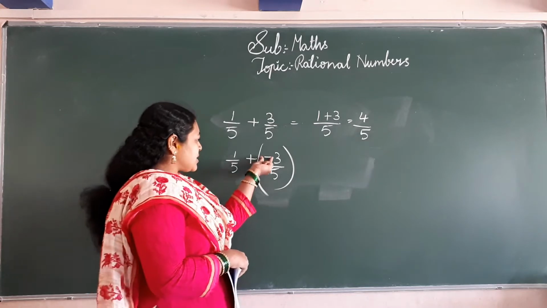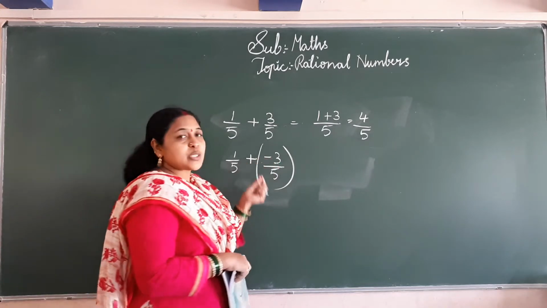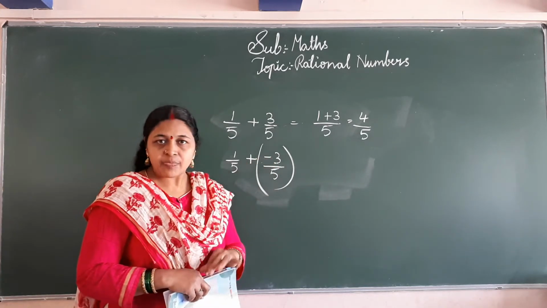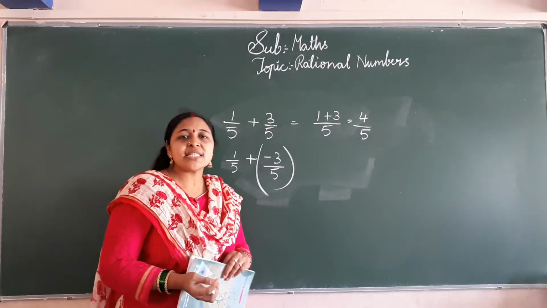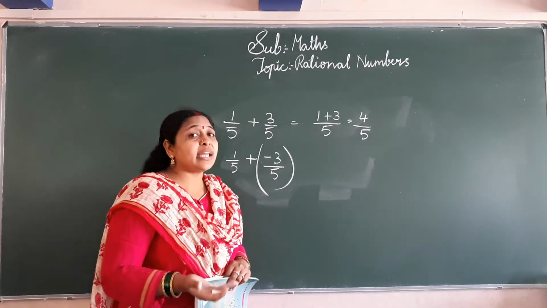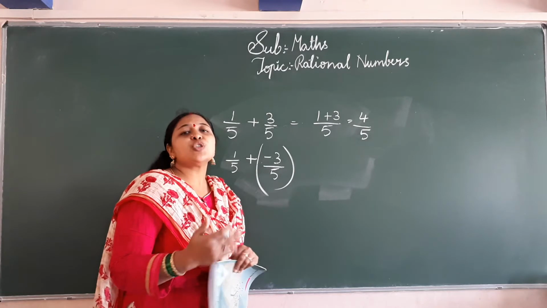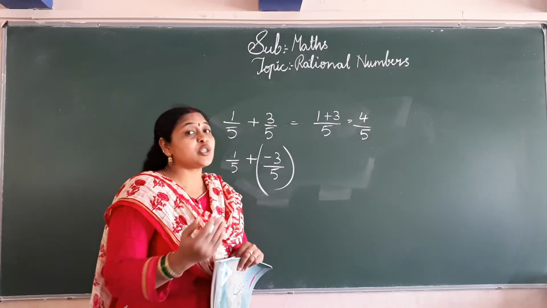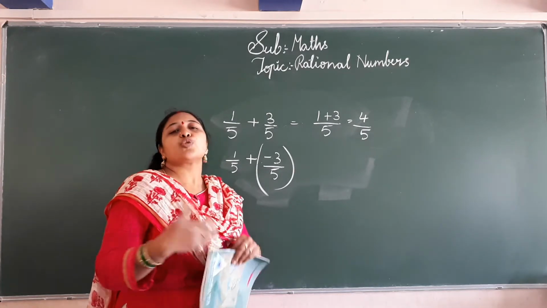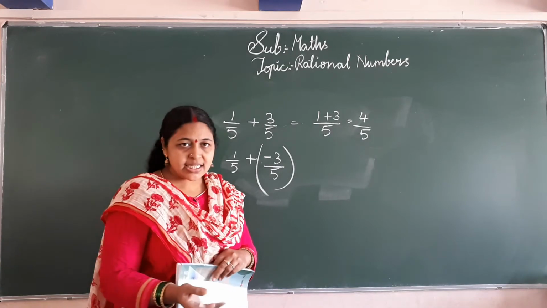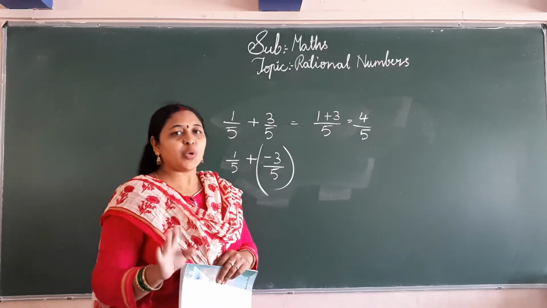The multiplication of signs happens as in integers: plus into plus is plus, plus into minus is minus, minus into plus is minus, and minus into minus is plus. If you know this, we know how to do integers.